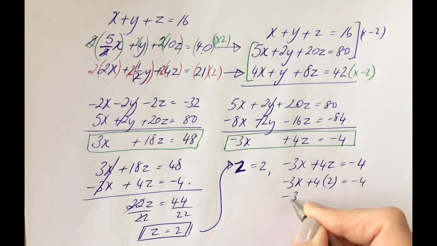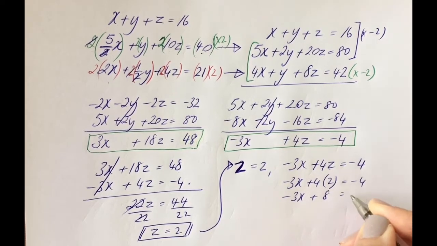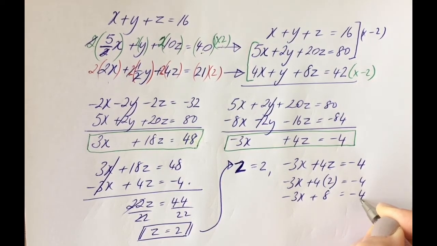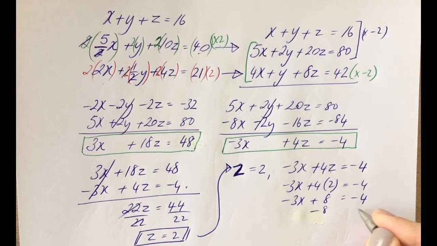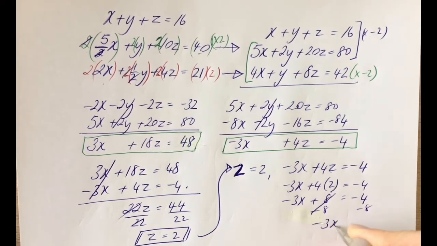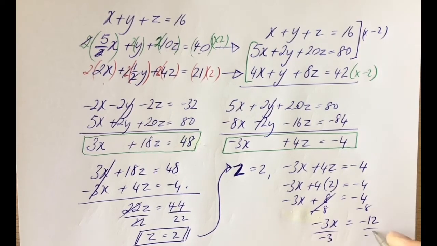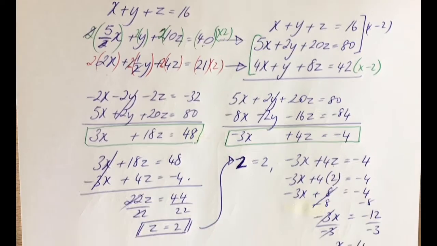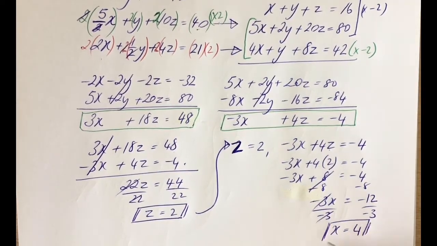And I end up with minus 3x plus 4 times 2 is 8 equals minus 4. So then I'm going to take 8 from both sides, and I get minus 3x still equals minus 12. Divide both sides by minus 3, and I get, of course, x is equal to a positive 4. And that's my second solution.